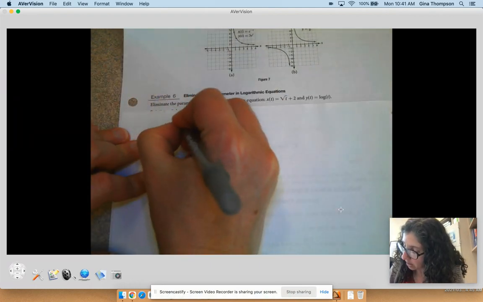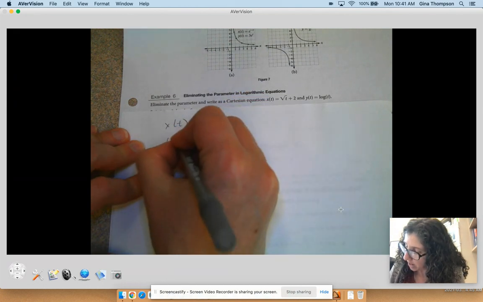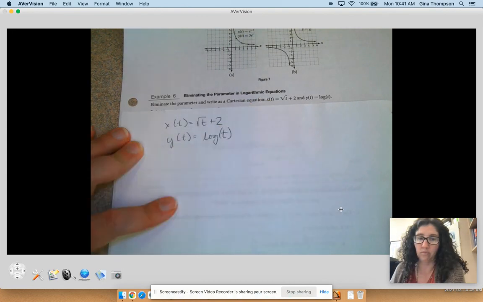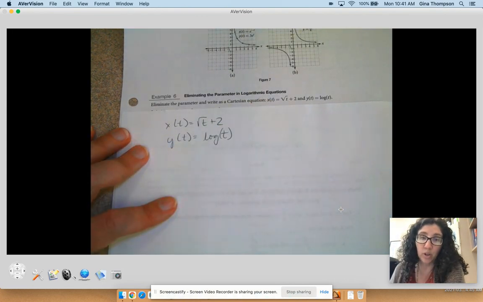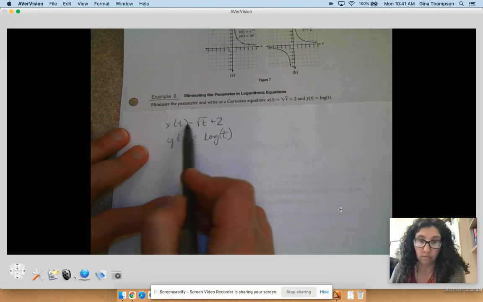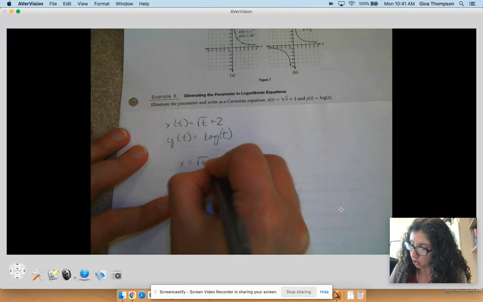X of t equals square root of t plus 2, and y of t equals log of t. Which of these looks easier to solve for t? To be honest, neither one looks super easy, but this one looks easier. We could say x equals square root of t plus 2.